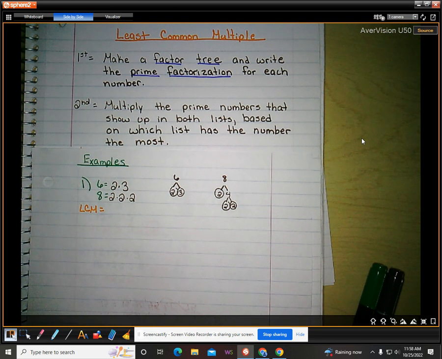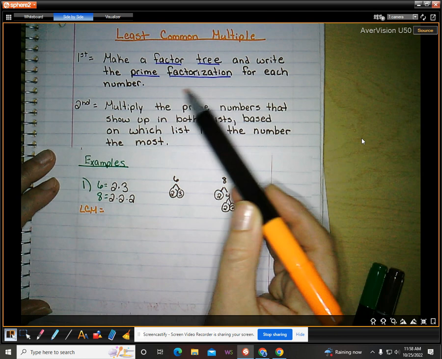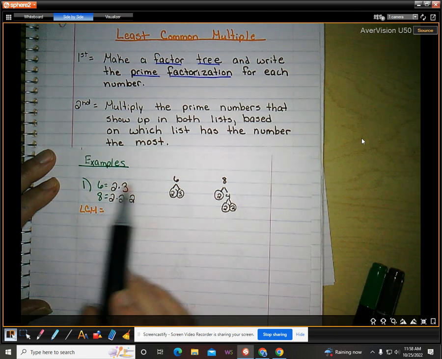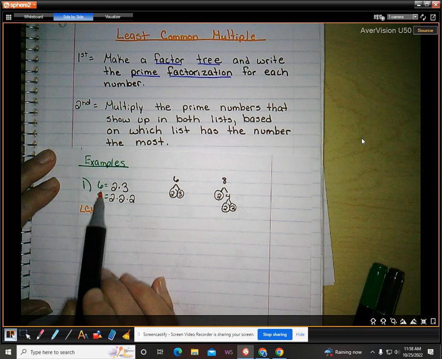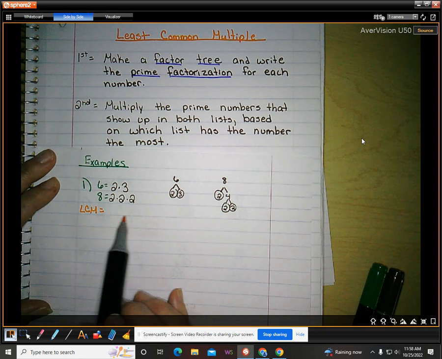So here is the quickest way to find LCM. All right, after we do 3 examples, I will show you the method that was taught in 4th and 5th grade, which still works, but sometimes takes longer. All right, so to explain what this whole step 2 was, if you look at this list of prime numbers, we have 2's and we have 3's.